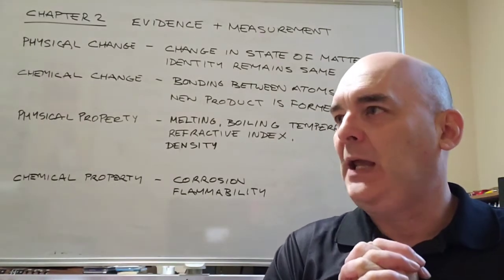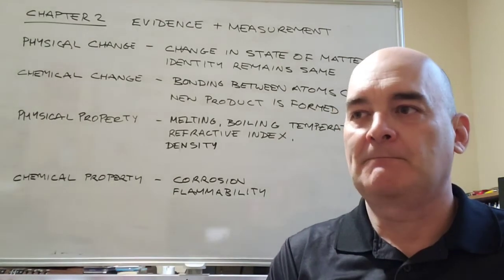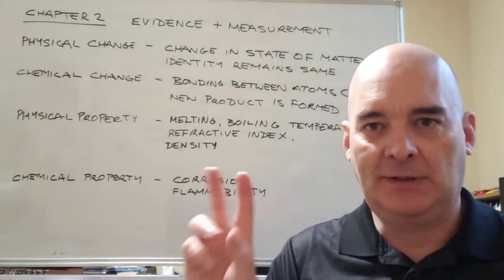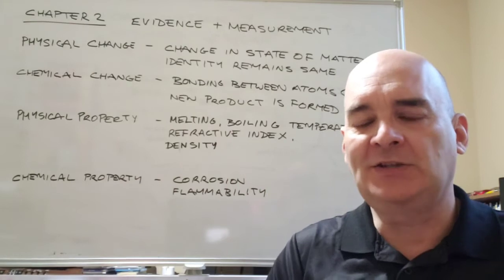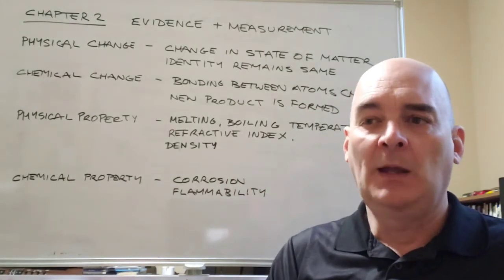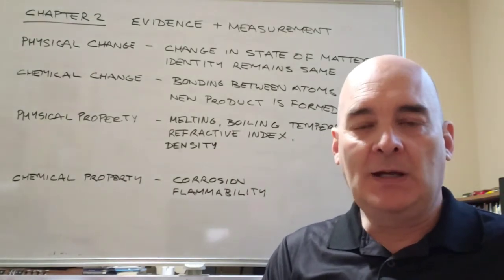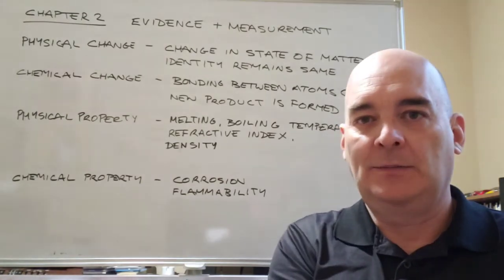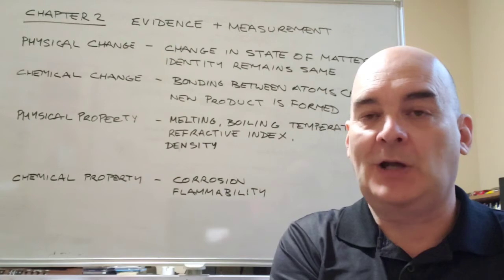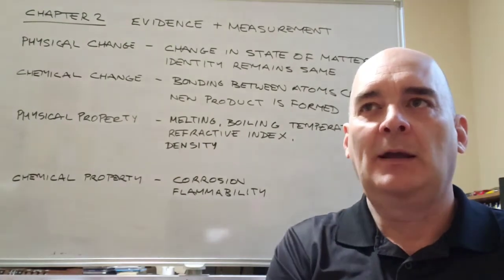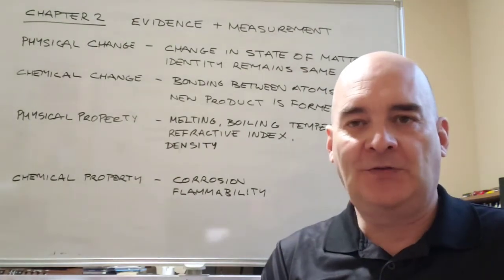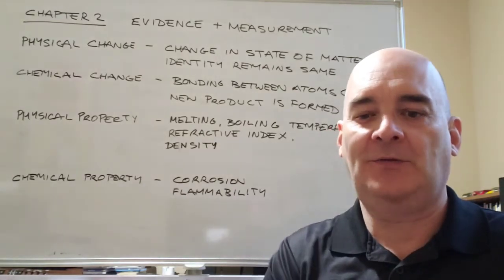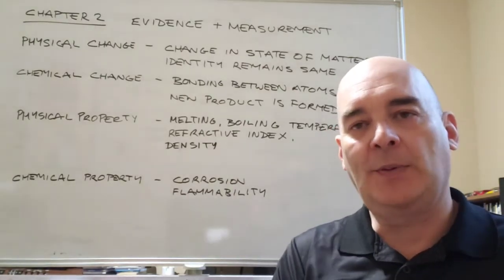So if we were to take some carbon that you can find in the lead of your pencil. Pencil lead is actually graphite, it's just a form of carbon. And you burned it, you would make carbon dioxide. What we've done is we've taken pure carbon that is only attached to other carbons, and then taken the oxygen that's out of the atmosphere, and now attached two oxygen atoms to each individual carbon atom.